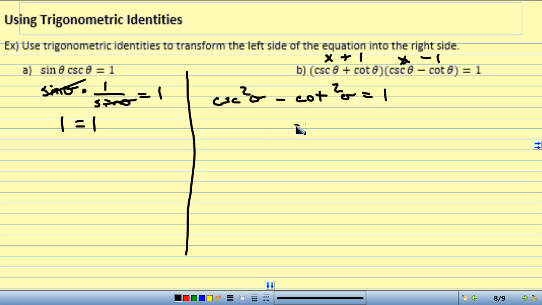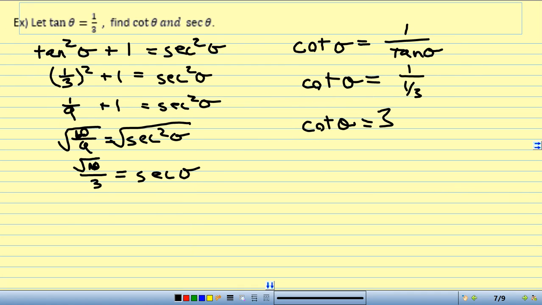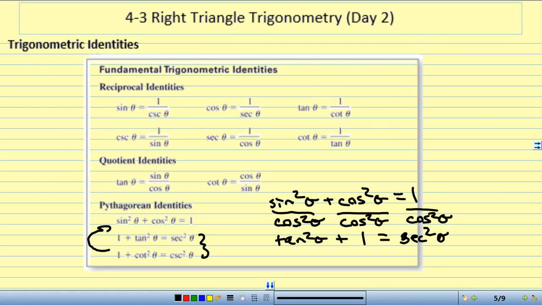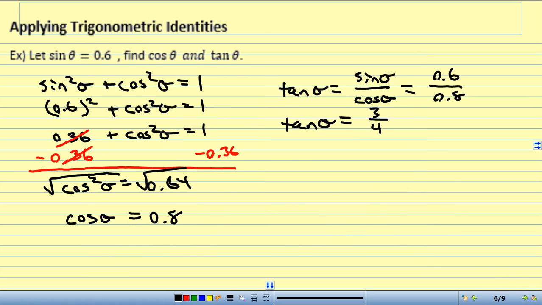So let's see. Going back to our trig functions that I have not totally memorized, 1 plus cotangent squared theta is cosecant squared theta. Okay. So what does that mean?